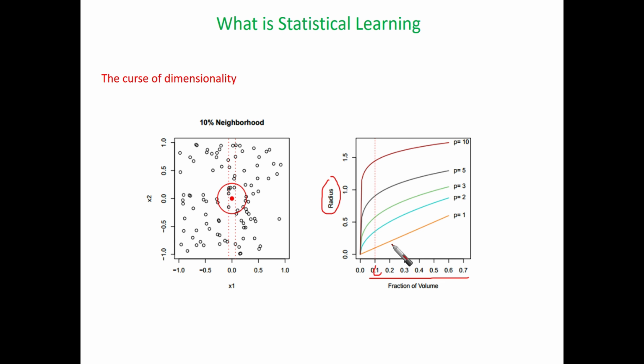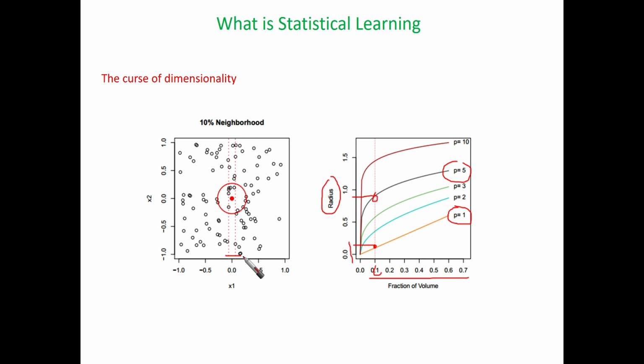When we have only one dimension, we get 10% of the data with a very small radius. But let's say the number of predictors becomes 5. For this case, to get 10% of your data you need almost 0.7 radius.